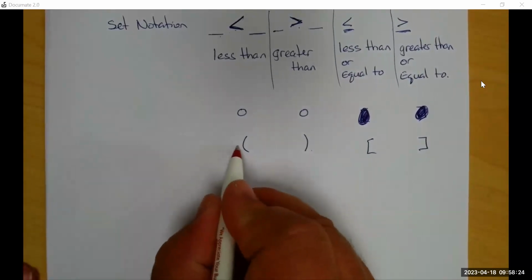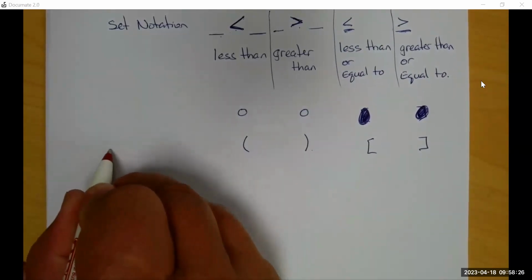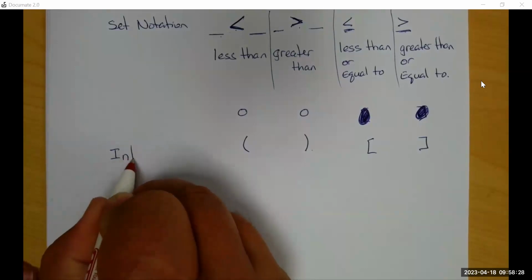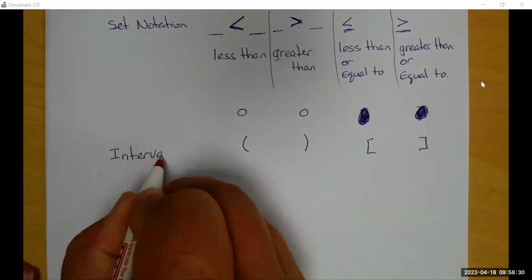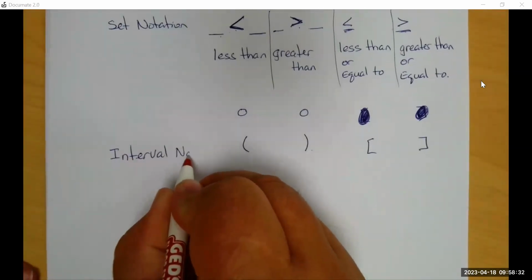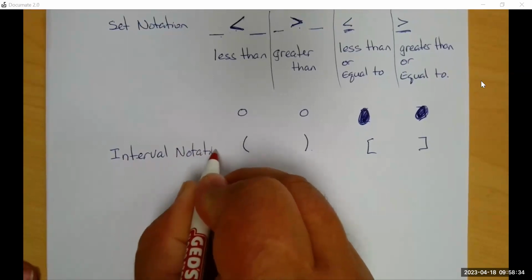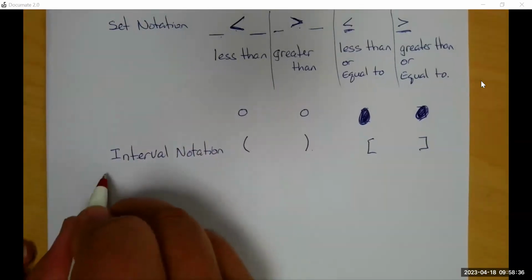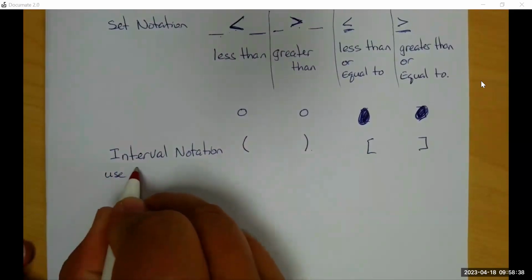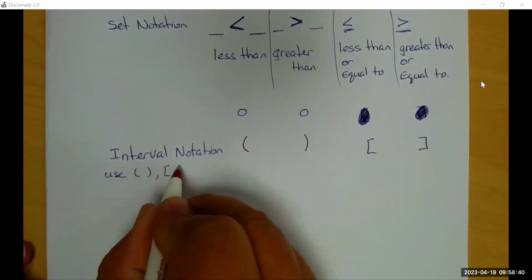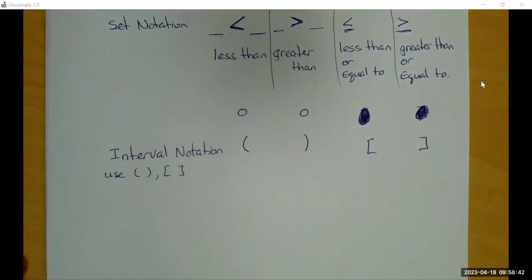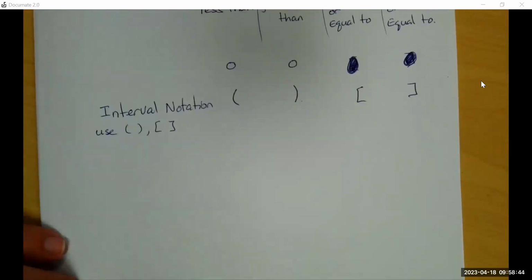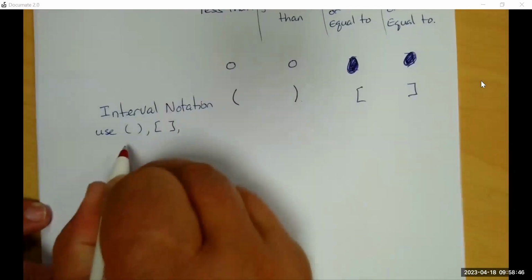These here represent the interval notation. They use parentheses and brackets, or any combination of them.